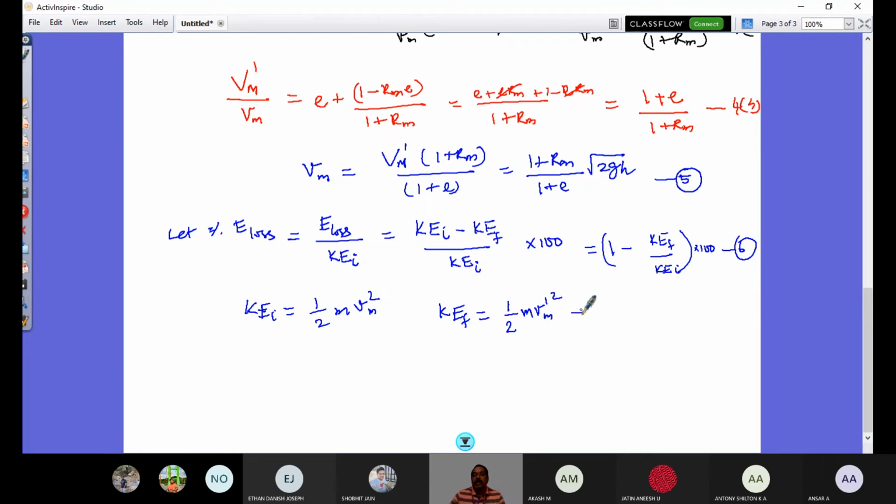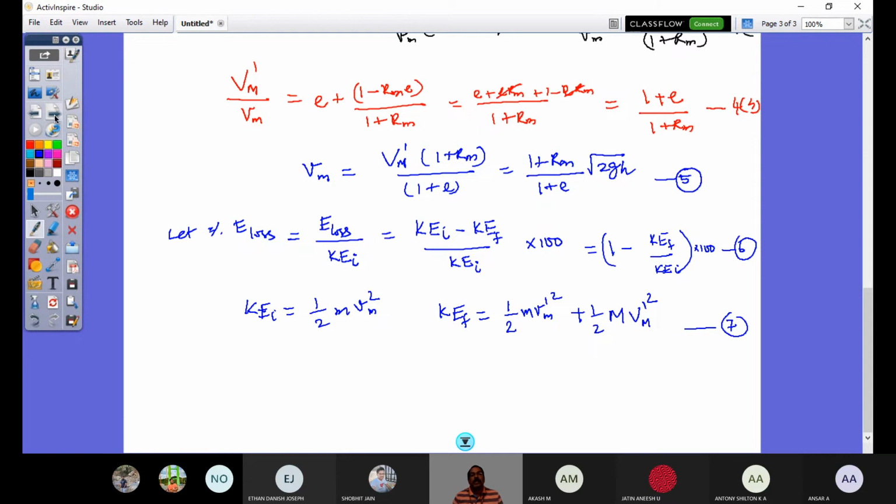Another one is the Bob velocity, so half capital M capital V dash square. So this is what is final kinetic energy. So let's write this as equation 7. So now knowing these two, I can substitute them into equation 7 and find out the expression. So let us proceed further.